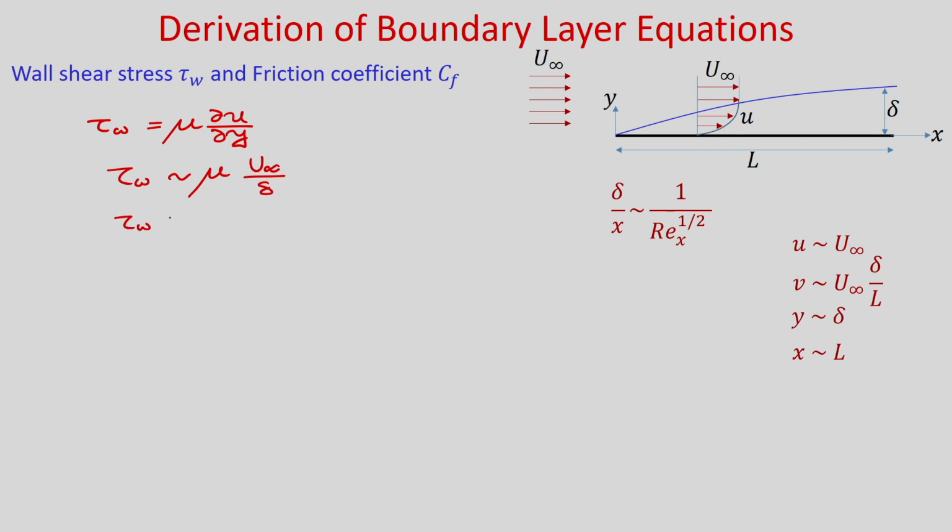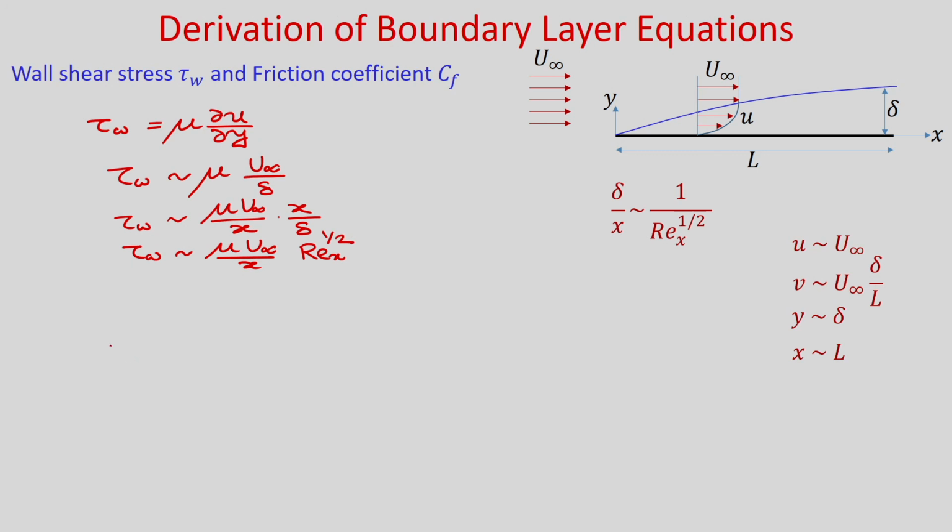So, tau w will be mu u infinity by x and x by delta. Okay. So, delta by x already we have found 1 by root Re_x, right. So, you can see that we can write tau w as order of mu u infinity by x Re_x to the power half.